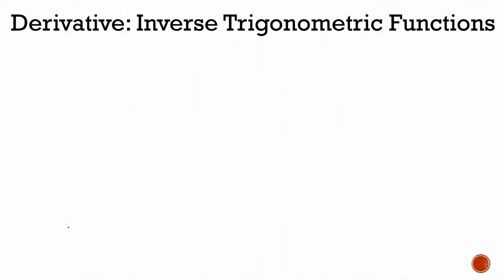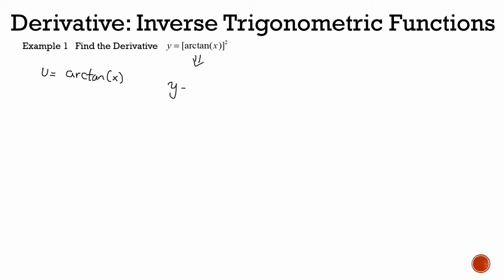Okay, so let's look at a couple of examples now. Example 1. Find the derivative of y equal to arctangent of x to the second power. So in this case it would be a chain rule because your u in this case would be arctangent of x. Therefore we could rewrite this equation as y equal to u to the second power.